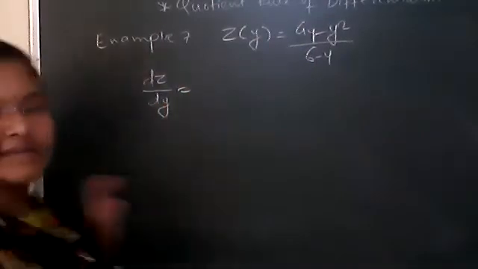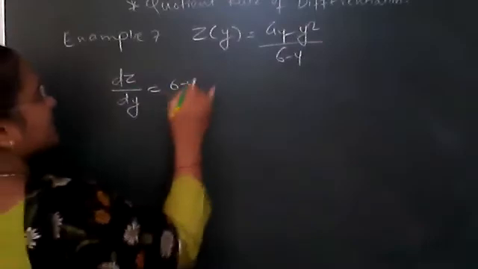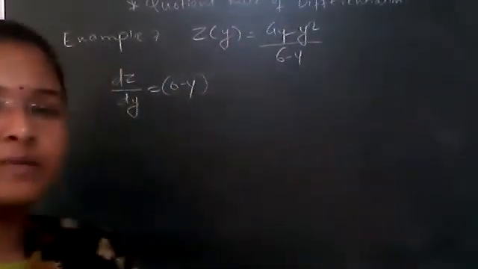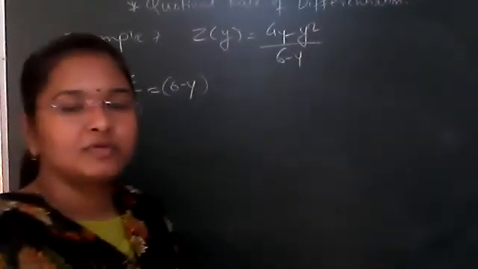What is dz by dy? Second function constant, first function derivative, that is, 6 minus y times derivative of first function, that is 4 minus 2y.